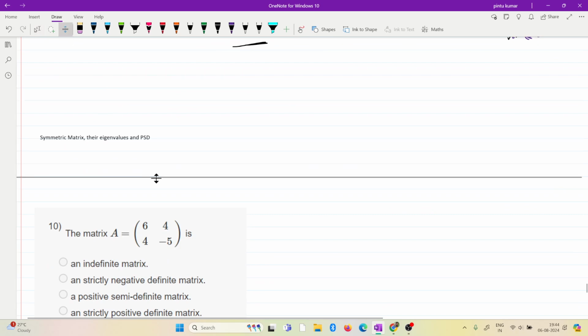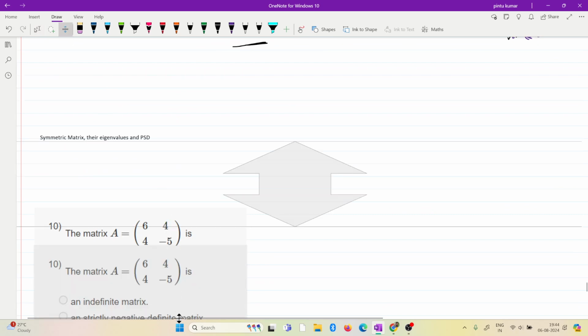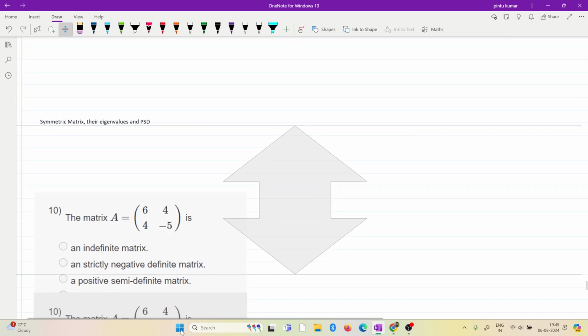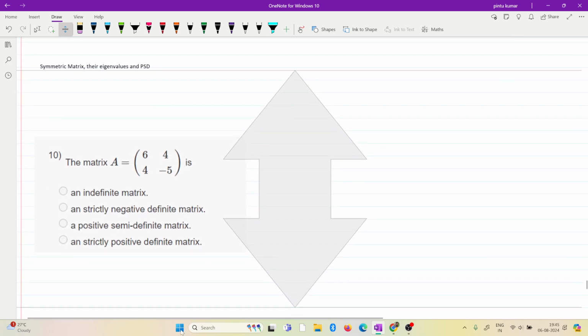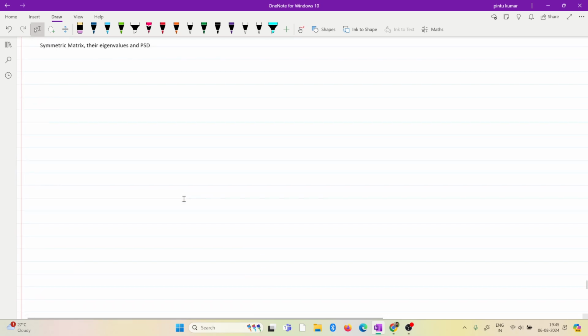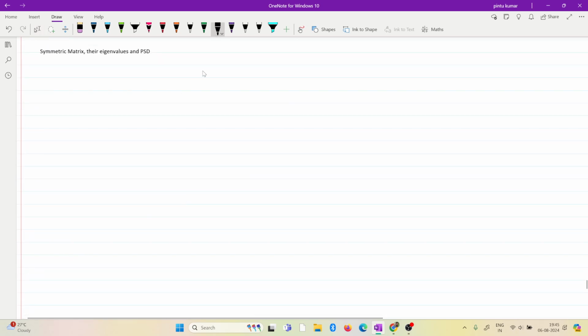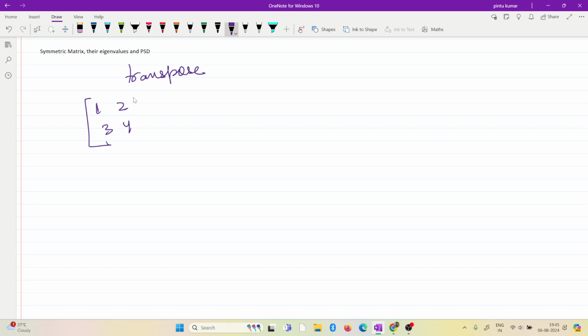There is something called symmetric matrices. What are symmetric matrices? You might know what the transpose of a matrix is. Let's say you have a matrix 1, 2, 3, 4.